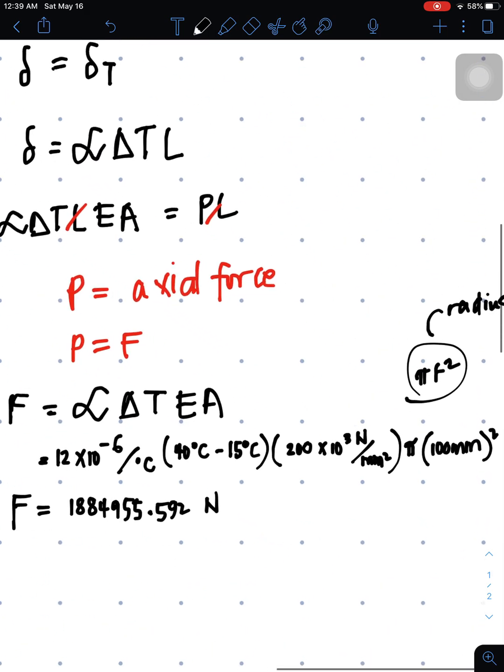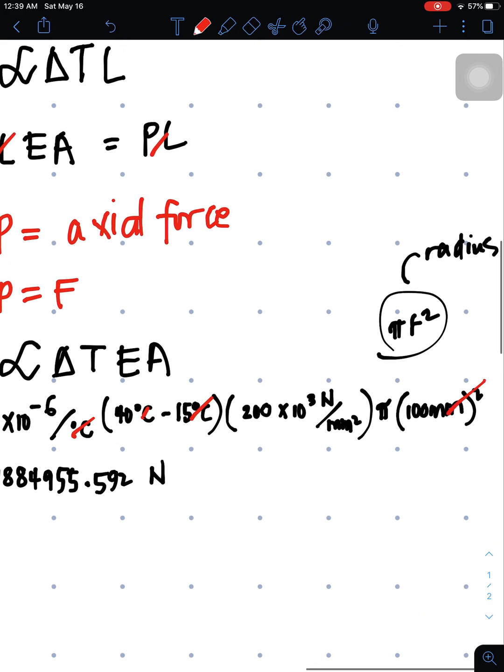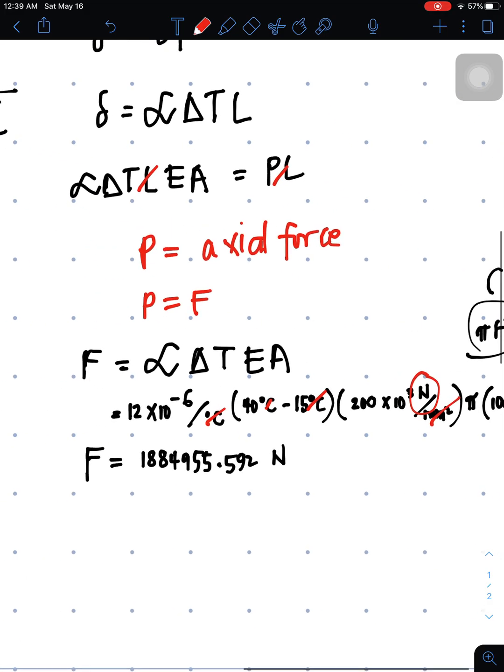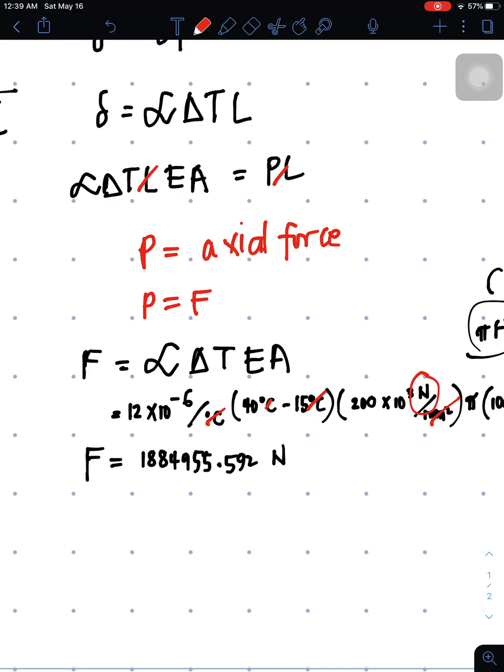Newtons. Is this Newtons? Yes, it's Newtons, because the degree Celsius cancels out and the mm squared cancels out too, so what remains is Newtons. So this is our F. F is equal to 1884.956 kilonewtons.